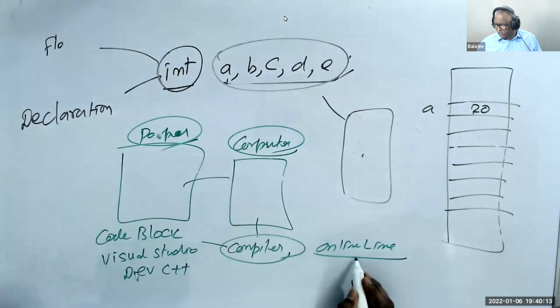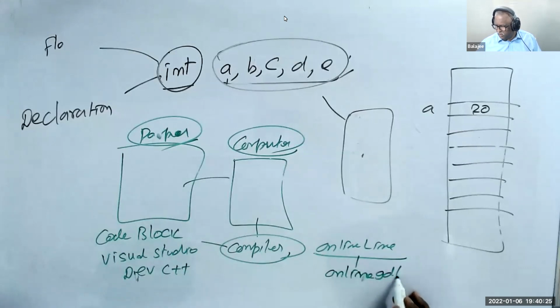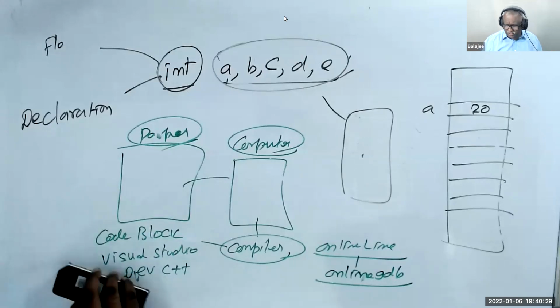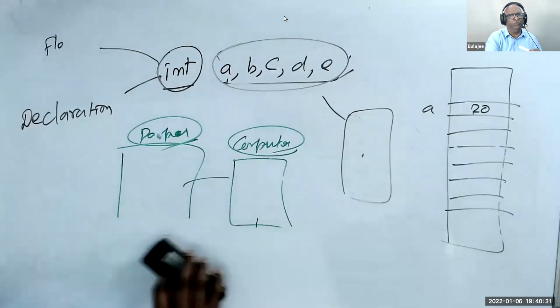And online, there are so many options. One of them is, I think, online GDB. And a lot more compilers are there. Today you have thousands. You can do anything as you wish.